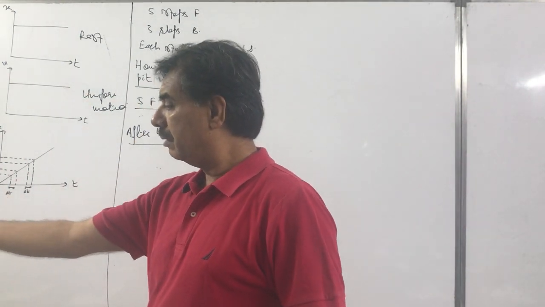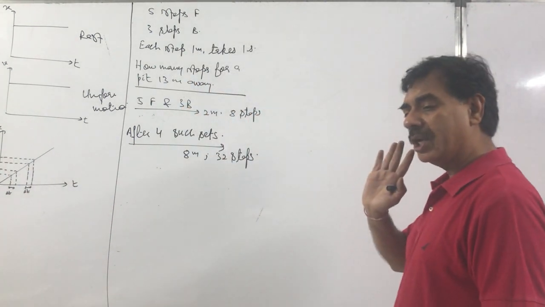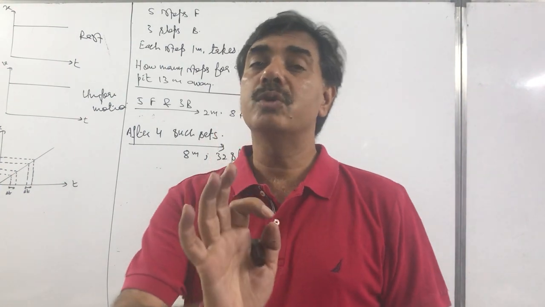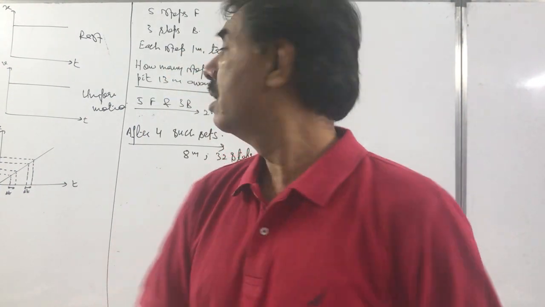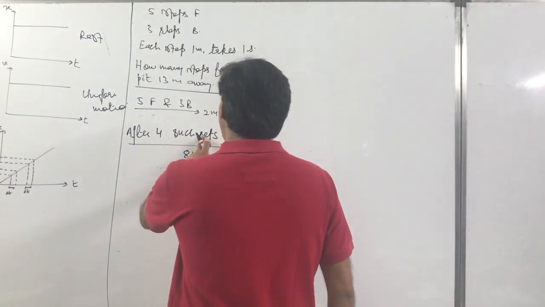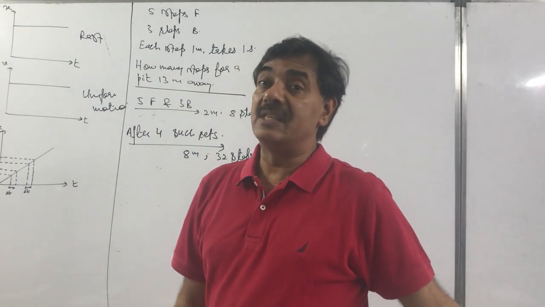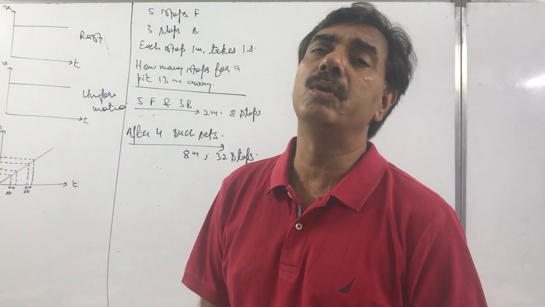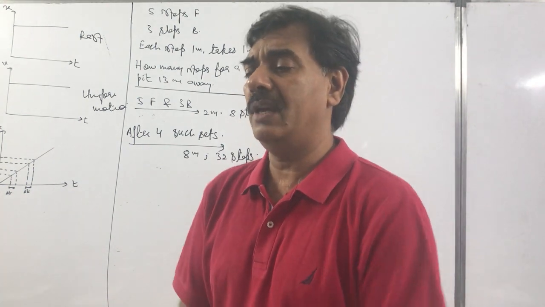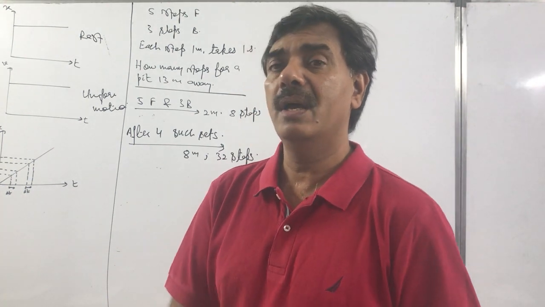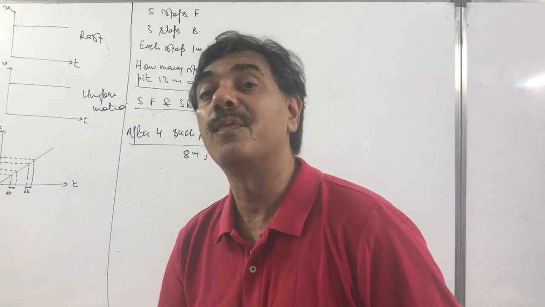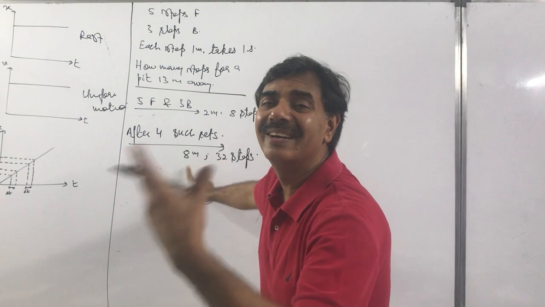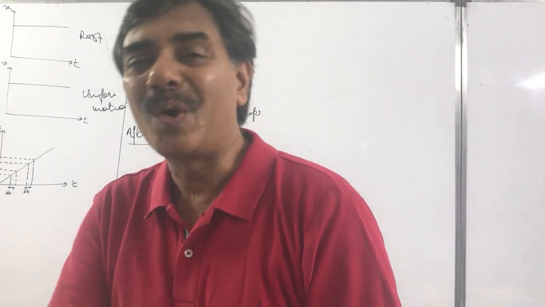5 कदम आगे, 3 पीछे. टोटल 2 मीटर. ऐसे उसने 4 बार किया. And overall, from the reference, he has covered 8 meters, and in doing so, he has covered 32 steps. 5, 3, 5, 3, 5, 3, 5, 3. अब किसकी बारी है? 5. After 8 meters, he will walk 5 meters.